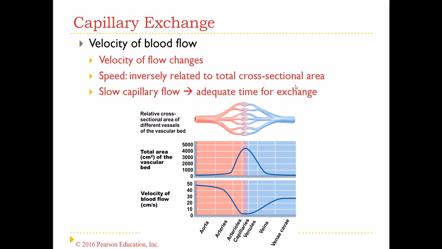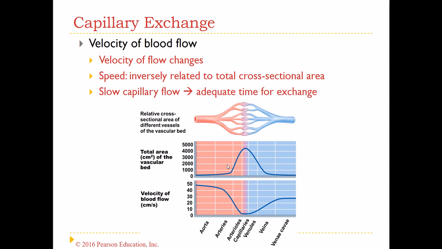If we look at the speed at which the blood is flowing through these tissues, you'll see that it's actually related to the total cross-sectional area of the blood vessels.